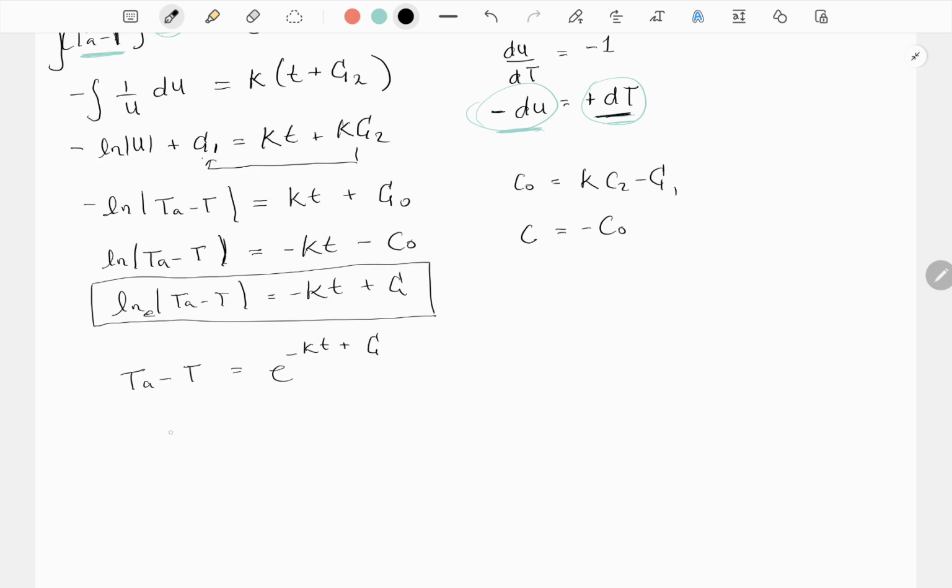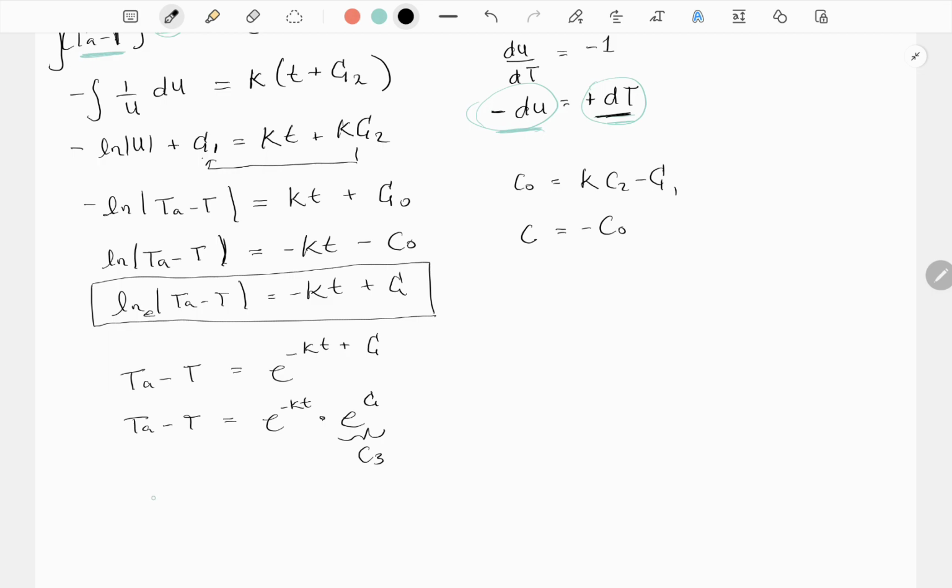So what that means is TA minus t equals e to the negative kt times e to the c. Well, that's just a constant. So we can pick another constant, we'll call it C3 for now.